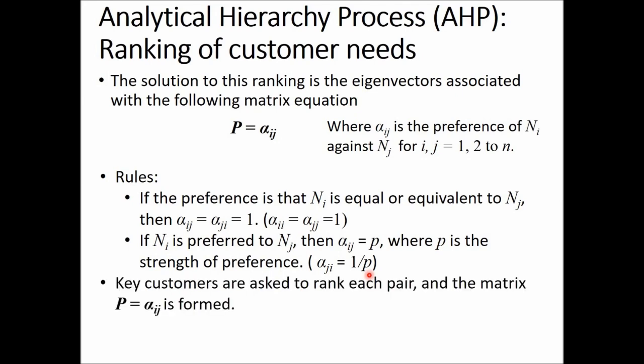And of course, to find this ranking, we could get the opinion of the key customers to rank the pairs, which one is more important than the other one. Of course, you'll have to get feedback from the key customers.